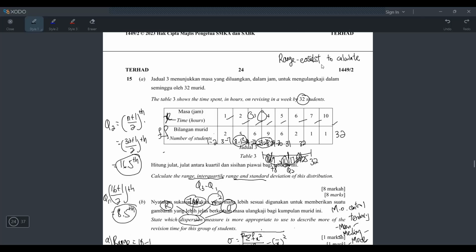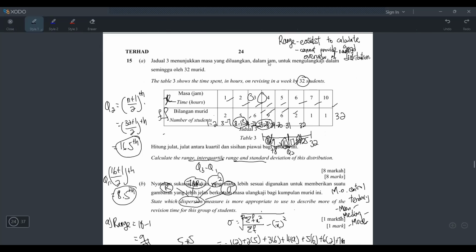But the disadvantage is that it cannot provide a good overview of the distribution, because you are just taking maximum minus minimum, so you are ignoring all the values in between where the frequency is higher. The frequency is high in the middle part, but you only take the maximum minus minimum.